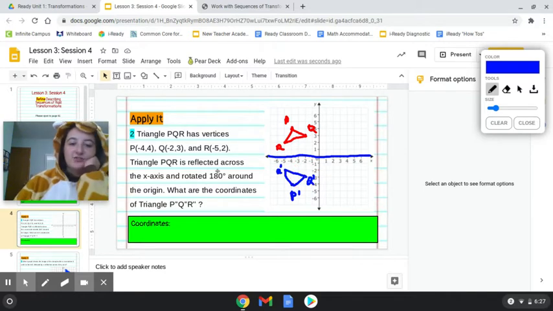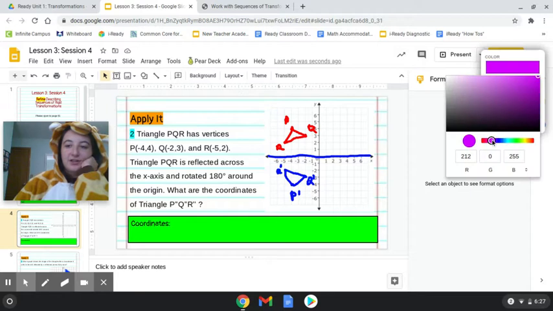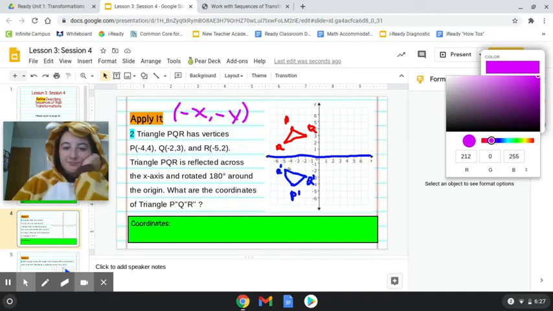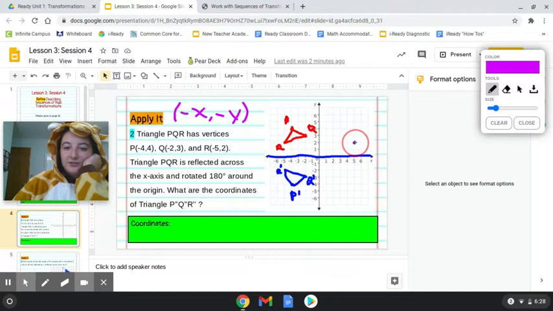Now we need to take this triangle and rotate it 180 degrees around the origin. And remember, when you do that, you're just making your coordinates their opposites. So the opposite of your x and the opposite of your y. So R prime is at negative 5, negative 2. So now it's at positive 5, positive 2 for your R double prime.